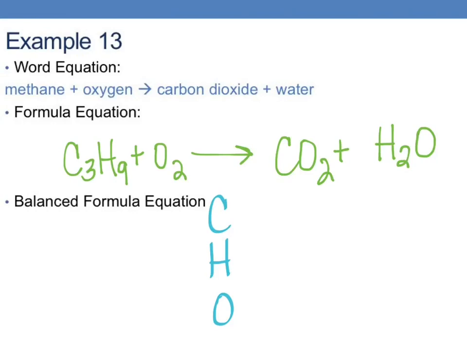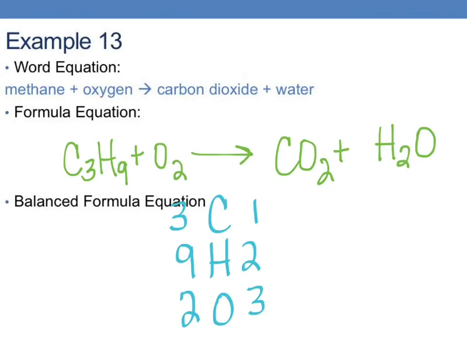So the very first thing I'm going to do is list what I have. I have 3, 1, 9, 2, 2, and 3. When I start looking at this, I see I have some odd numbers here.